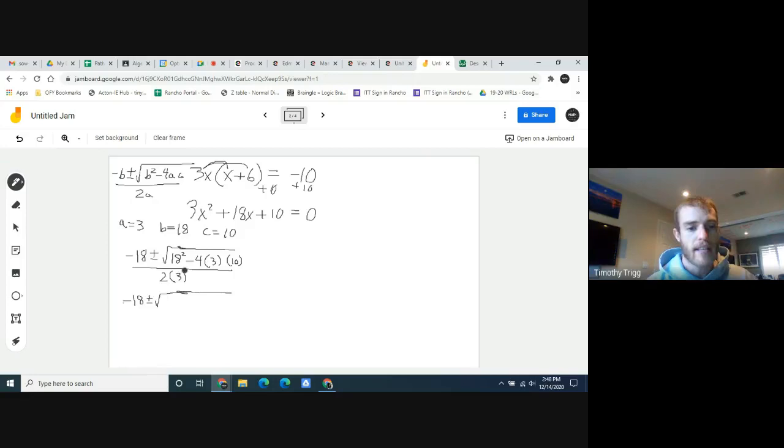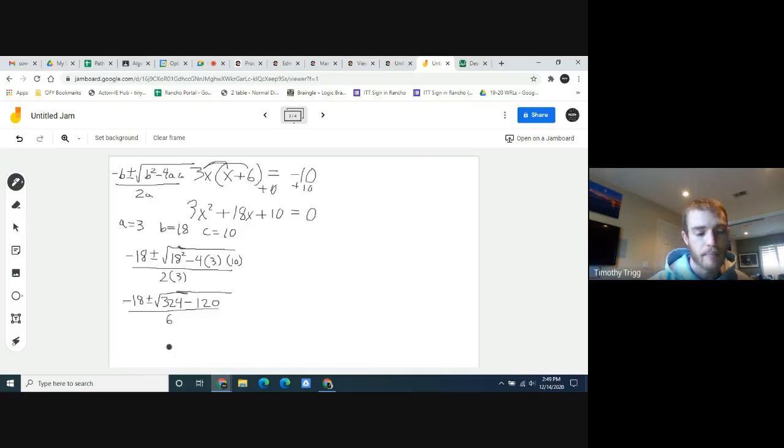So let's do the 18 squared. I got my calculator here. I don't know that one offhand. So 18 squared, 324. Minus 4 times 3 times 10. I do know that offhand. That's 120. Divided by 2 times 3. I know that one.